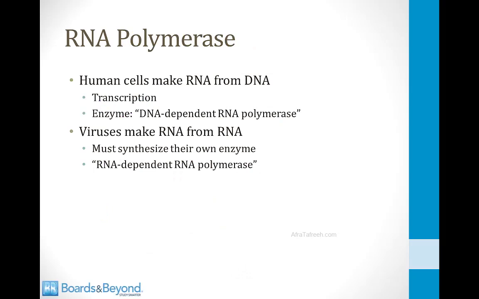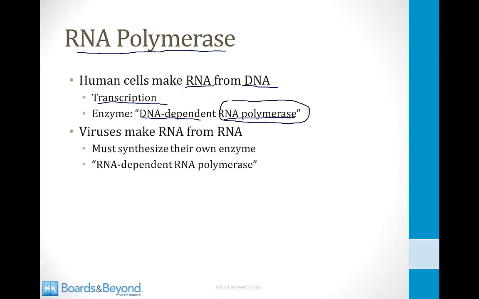So let's talk about the enzyme RNA polymerase. Recall that human cells make RNA from a DNA template strand. This is called transcription, and the enzyme that does this is called DNA-dependent RNA polymerase. So this enzyme is going to synthesize RNA polymers, that's the RNA polymerase part of the name, by depending on DNA as the template.